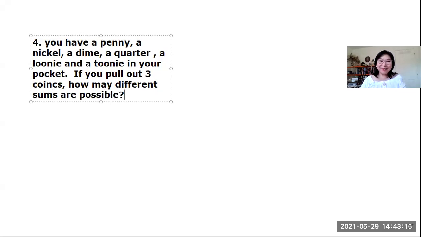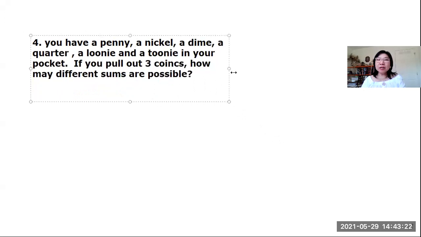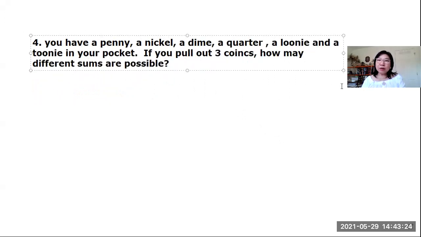Okay, so I'm going to give you 1 minute to think about this question. Now, if you pull out 1 penny plus 1 dime plus 1 nickel, then how much do you have? 1 dime is 10 cents, 1 nickel is 5 cents, and 1 penny, so you have 16 cents, right?